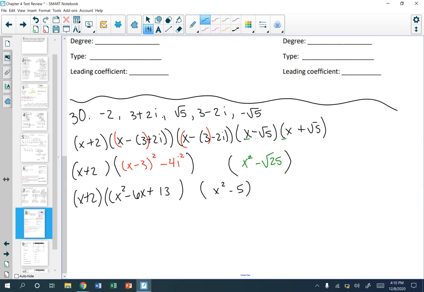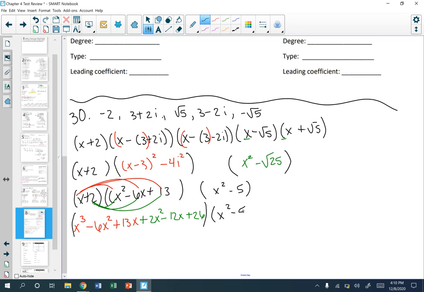Okay, now I'm going to multiply these first two. I get x cubed minus 6x squared plus 13x plus 2x squared minus 12x plus 26. And that's all multiplied by x squared minus 5.